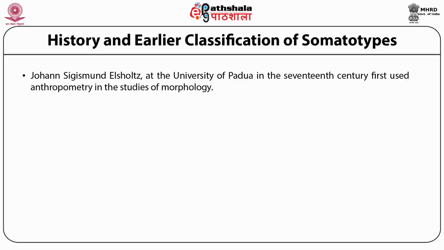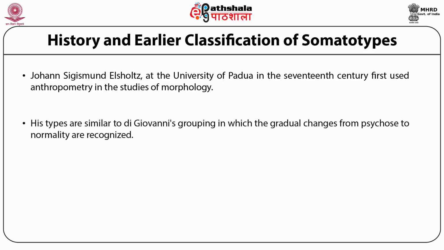Kretschmer, who was a German psychologist, divided somatotype into leptosome habitus, athletic habitus, and pycnic habitus. His types are similar to the Giviano grouping, in which the gradual change from psychosis to normality is recognized.